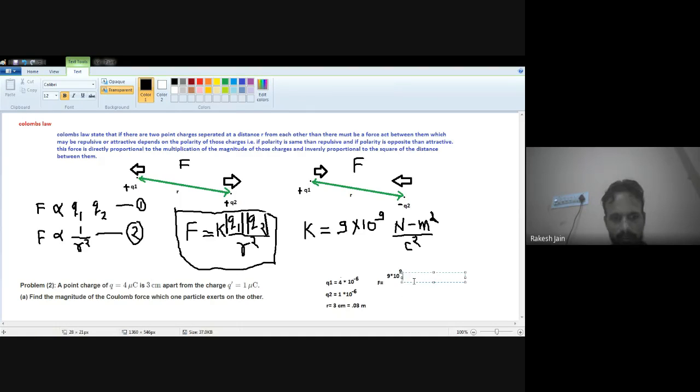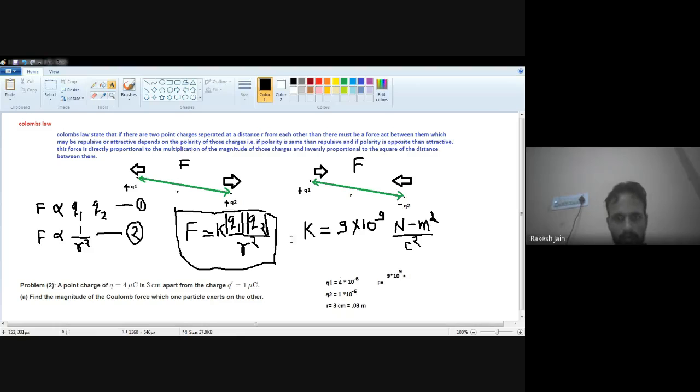So K, Q1 is your 4 multiplied by 10 to the power minus 6. Okay. And Q2 is your 1 multiplied by 10 to the power minus 6. Okay.